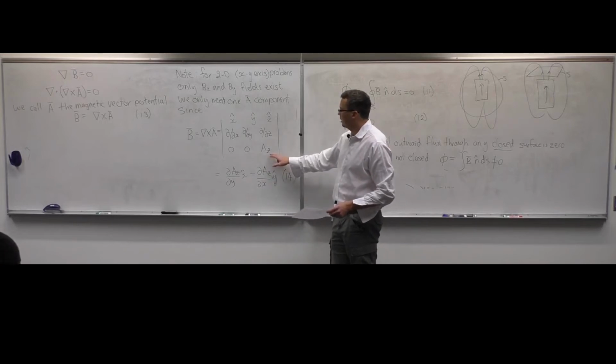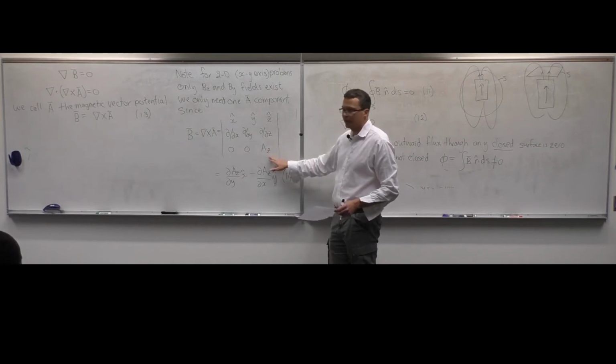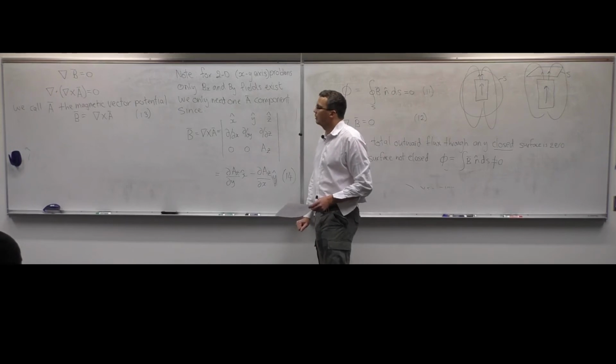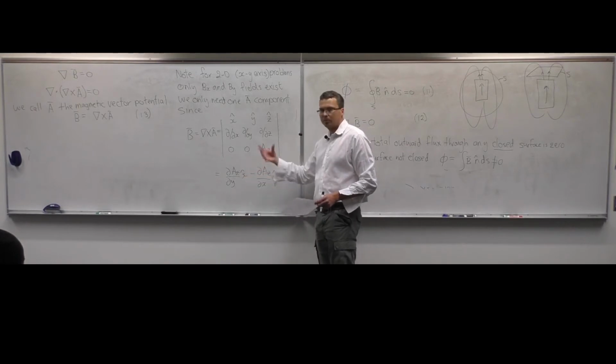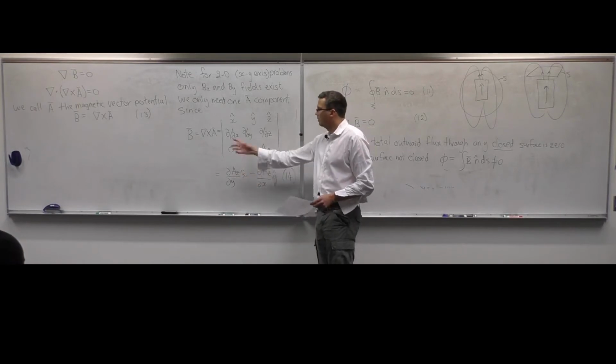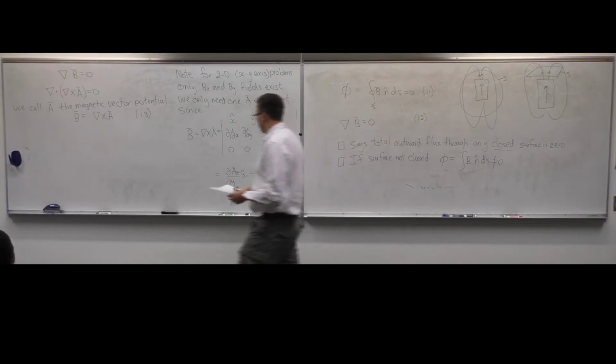So this is really useful because it's a lot easier to solve one term than two. So you first formulate your problem in terms of AZ, you find the value, and then you can at the end post-process and calculate what Bx and By is.